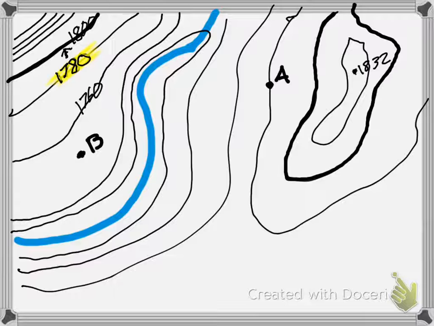Good. Now we continue. Let's go down from 1760. One down should be 1740. Now we should be able to calculate what B is. B is in between 1740 and 1760. If you look at the distance between the spot and that line, I'd say it's a bit closer to 1760.